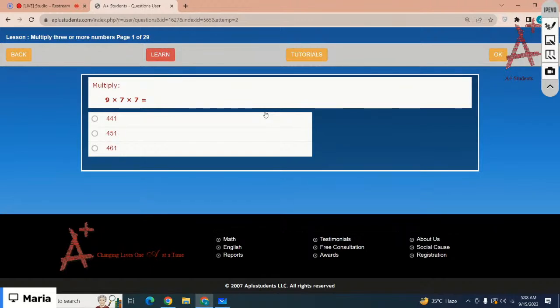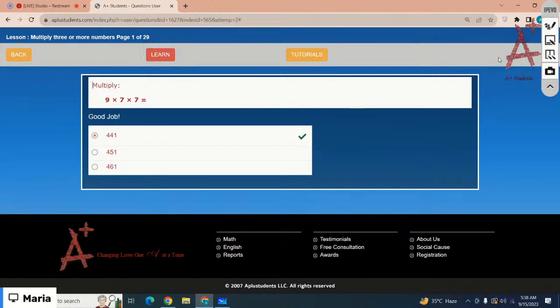That would be 7 times 7 is 49. And 49 times 9: 9 times 9 is 81, 1 and 8 carry. And 9 times 4 is 36, plus 8 is 44. That would be 441, the correct option, right?